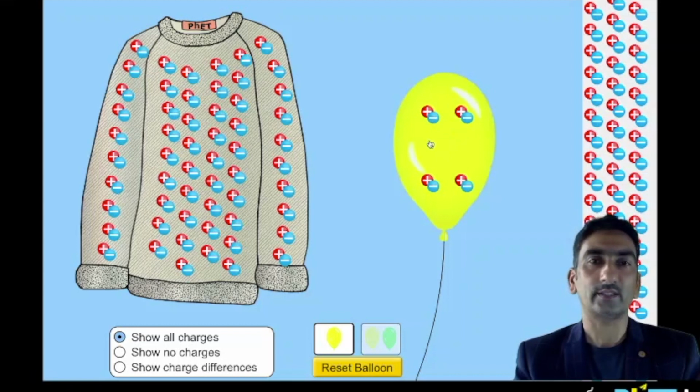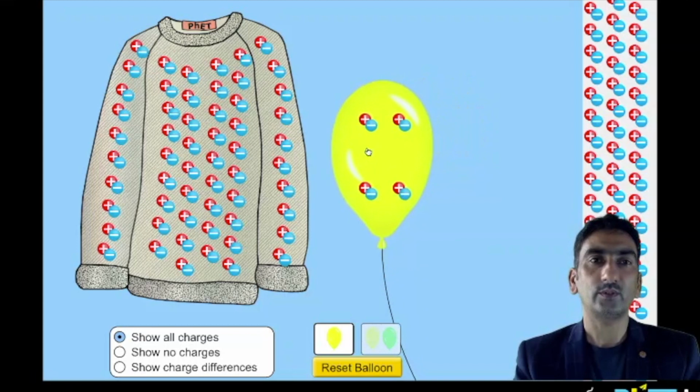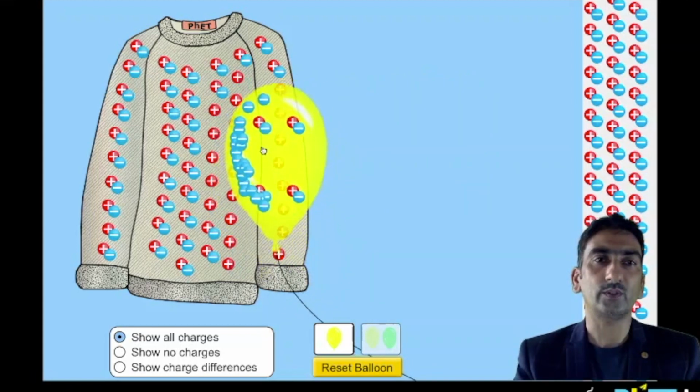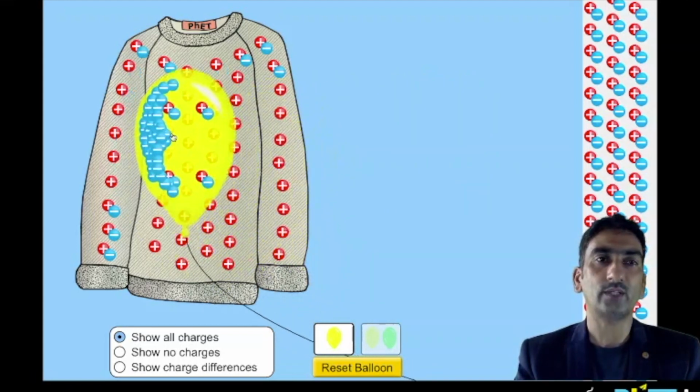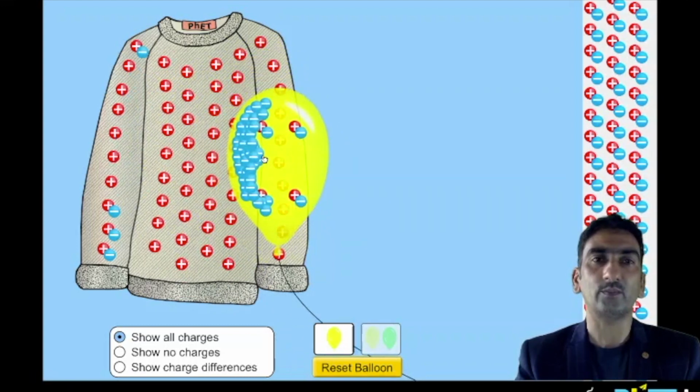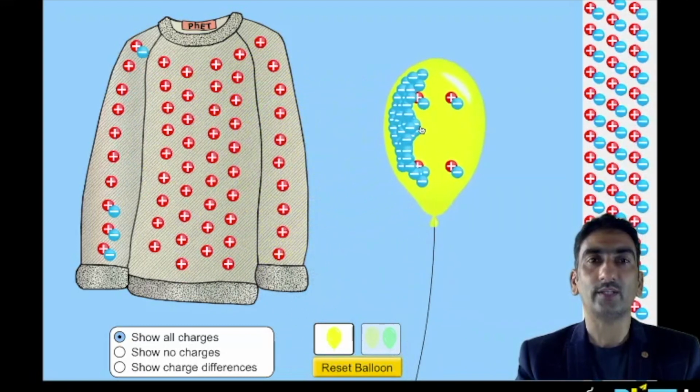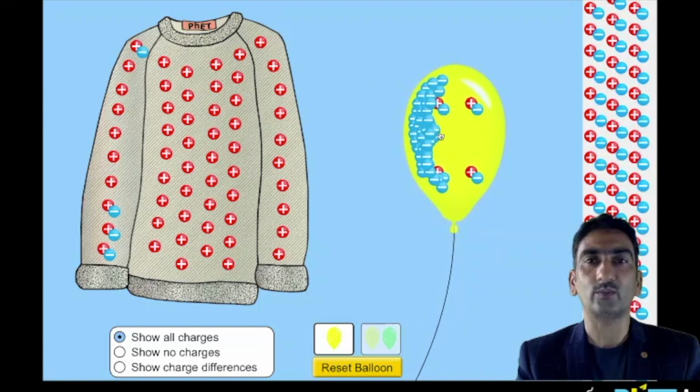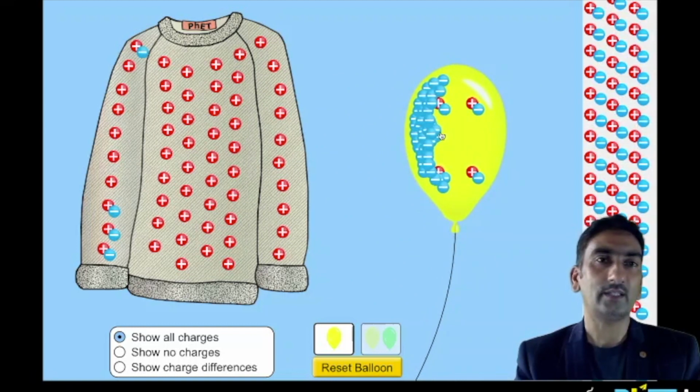So let's bring this balloon and rub it with the wool. What's happening here, the electrons are shifting onto the balloon. Now you can see there is an excess of electrons on the balloon, so it gets negatively charged, and on the other hand the wool becomes positively charged because of the excess of positive charge on the wool.